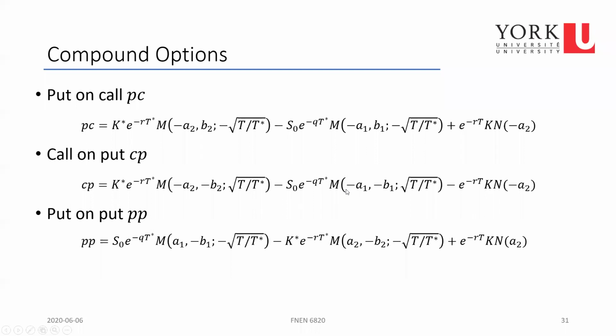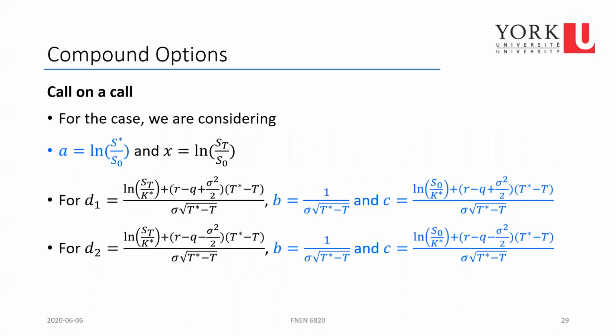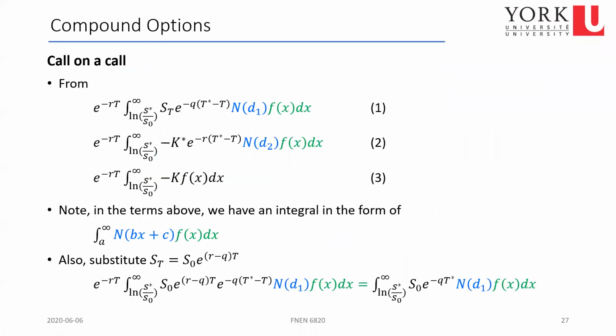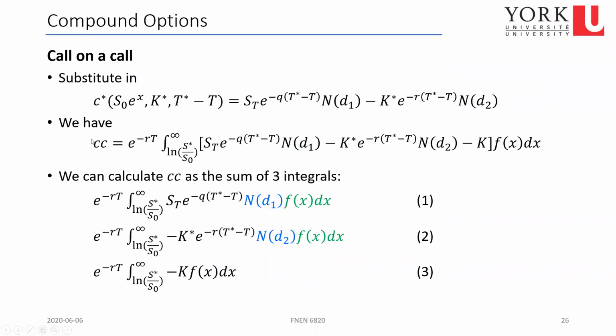So essentially, the important part of calculating compound options in order to derive the closed form solution is really to recognize this equation here, where a compound option is just a discounted value of an integral, where, in the first one, you substitute in the payoff function of the underlying option.